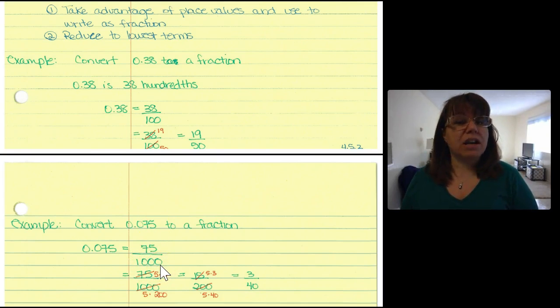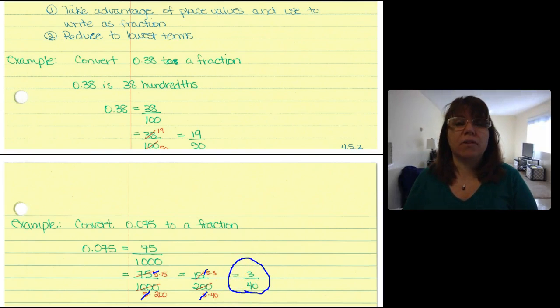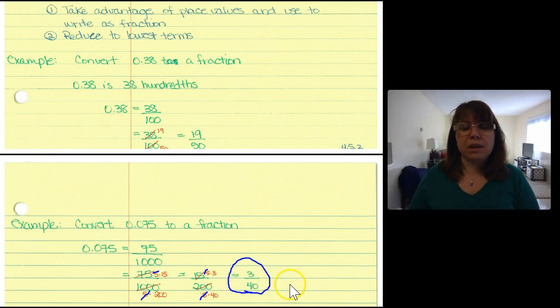From there, I just need to reduce. Well, 75 is 5 times 15, and 1,000 is 5 times 200, so I know the 5 over 5 will be a 1. But now I have 15 over 200. 15 is just 5 times 3. 20 is 5 times 4. Again, I can reduce by 5. And it looks like my answer is 3 over 40. Because 3 is a prime number, I can't break that down anymore.